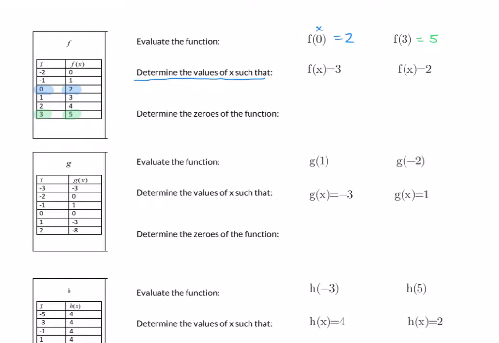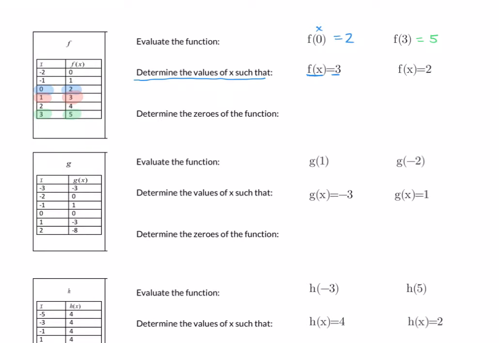So when we look at this, we have the whole f of x equals 3. Meaning I want to look in my f of x column and find 3. And I want to know what is x when f of x is equal to 3.